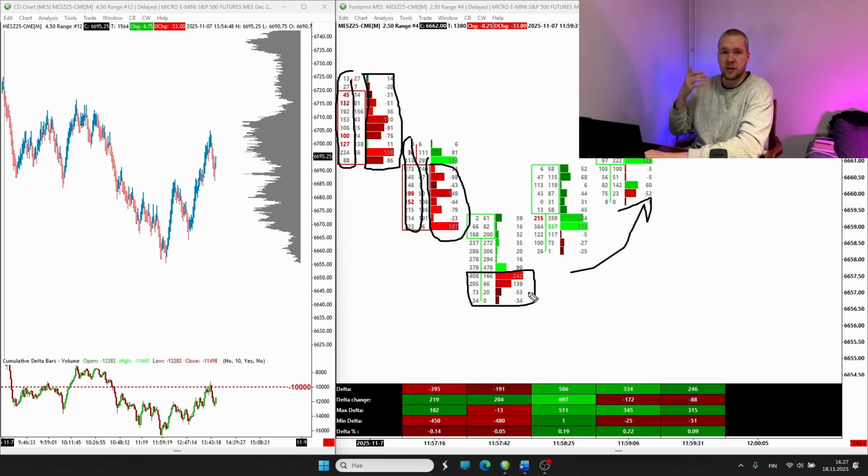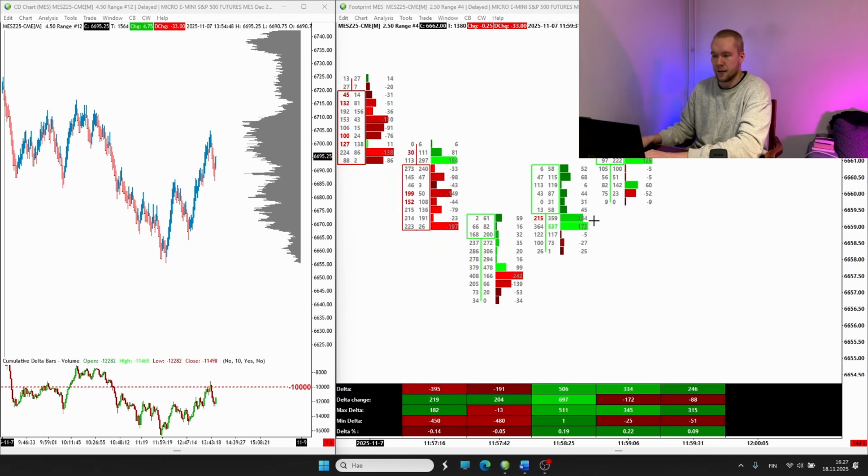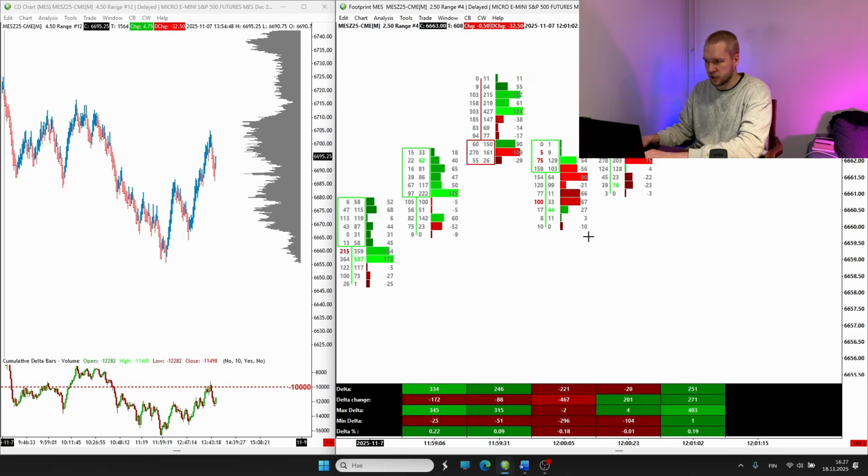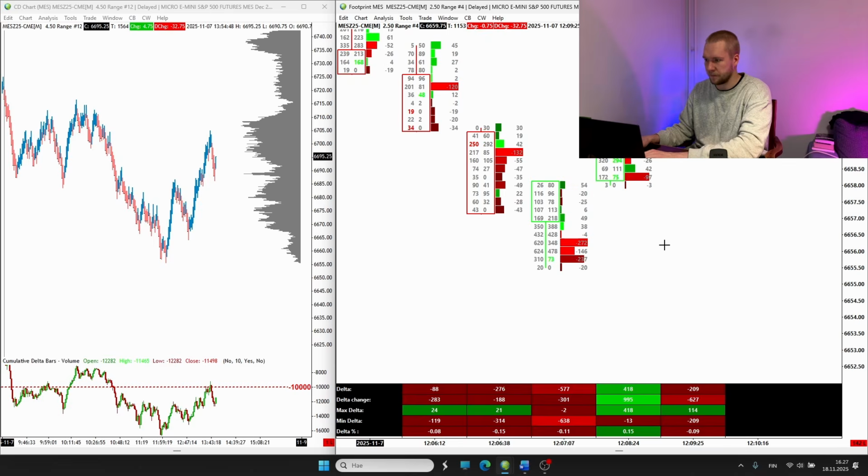And again, the sellers simply weren't able to break the level, but something very interesting happens in this example that didn't happen in the other one. We can see here on the bigger chart already, but if we go to the footprint, we can see that price comes down to test the same region once again.